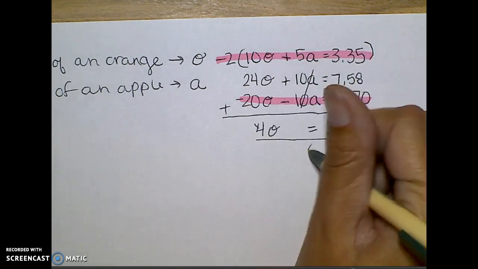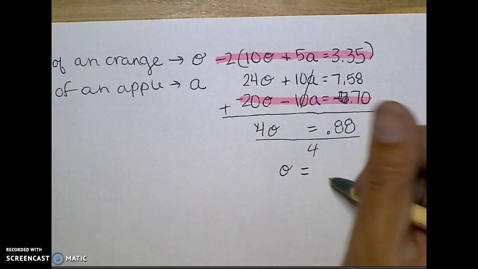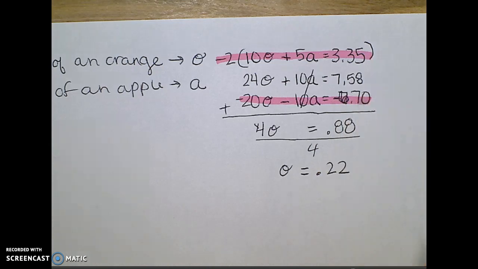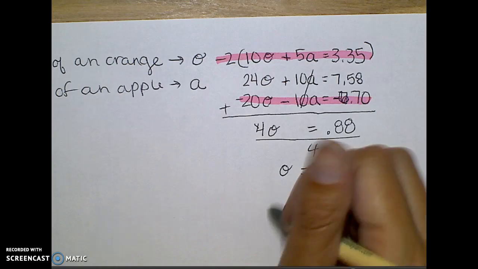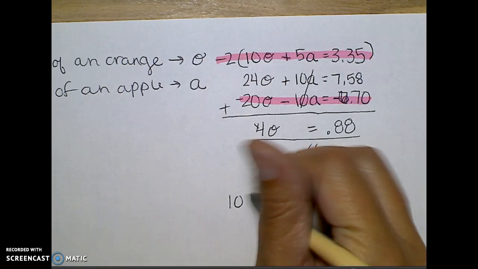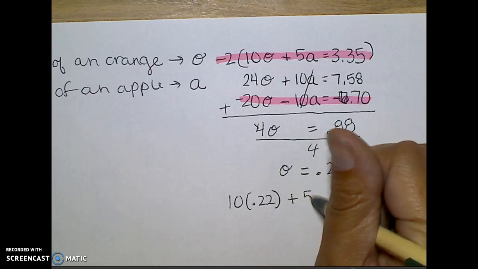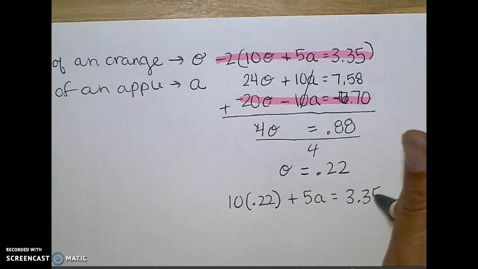And so then if I divide by 4, the cost of an orange, like one single orange, is 22 cents. So now if you think about it, if I go back to that original story when it said I bought 10 oranges, I know that I spent $2.20 because really I'm just plugging that in. And then I just need to divide by 5 to figure out how much the apple cost me.